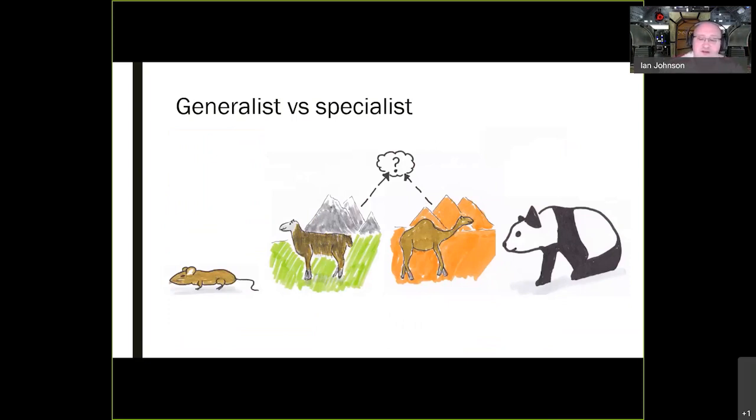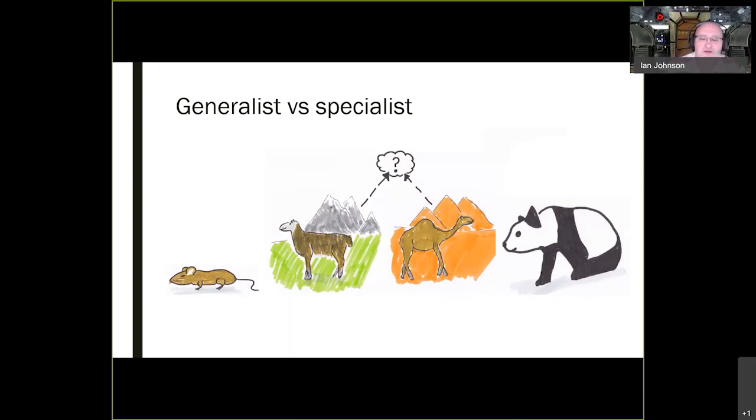And as a generalist, I would say mice and rats have generally populated everywhere that they've encountered. They're quite generalist. They're small. They can adapt to eating whatever's around them. There's normally worms or other vegetation around that they can eat. So they can survive in almost any environment. Where you get something like the llama or the camel, and they both are quite close cousins in terms of species, but they both evolved to live in slightly different environments.